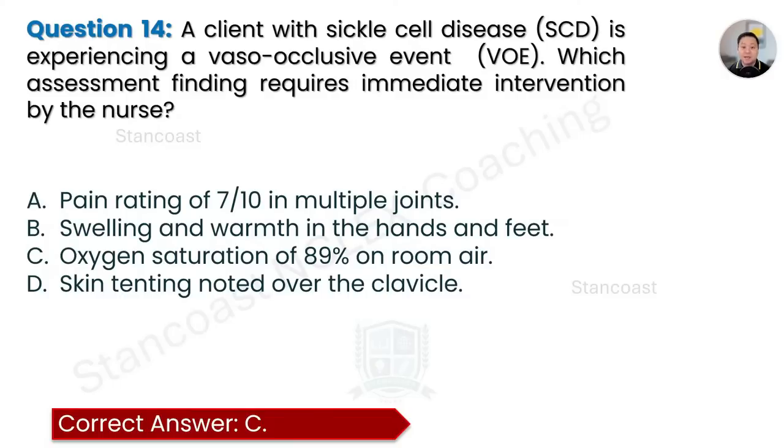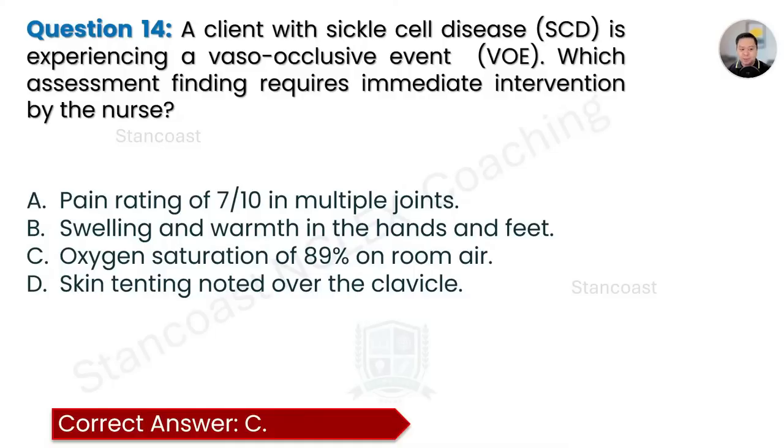This is a chronic thing. Now, letter D, skin tenting noted over the clavicle. This is a sign of dehydration, which contributes to sickling. We know that hydration is an important intervention to improve the circulation and reduce sickling, but it is not as critical as restoring the patient's oxygenation.